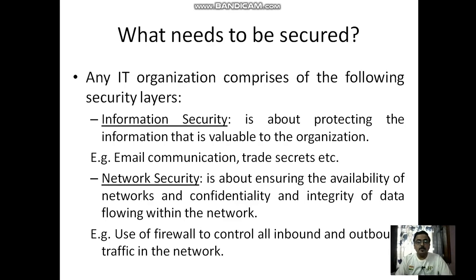It is about ensuring the availability of networks and confidentiality with integrity of data flowing within the network, so that as data goes through the network between the sender and the receiver, nobody can crack that data, nobody can steal that data, nobody can modify that data.